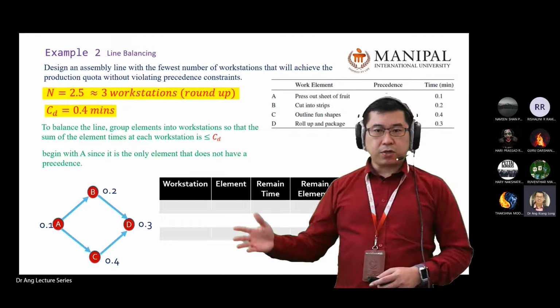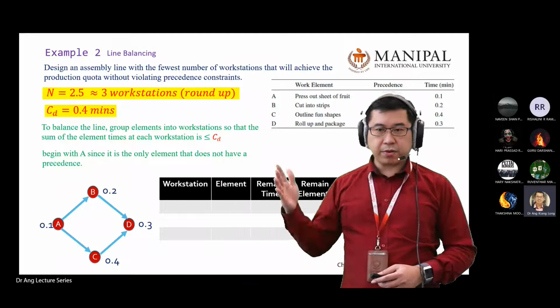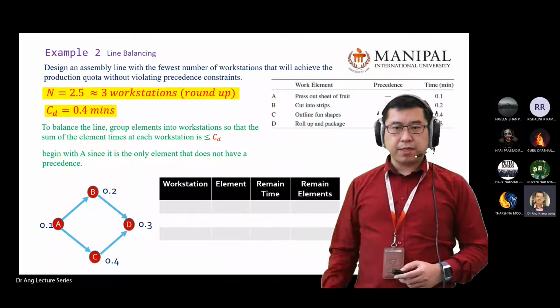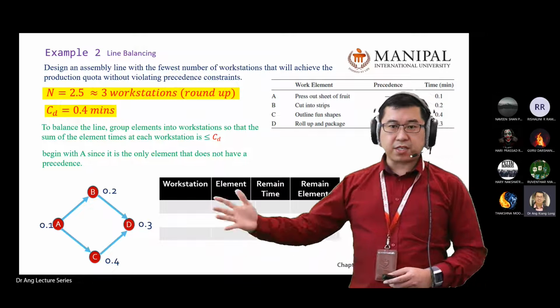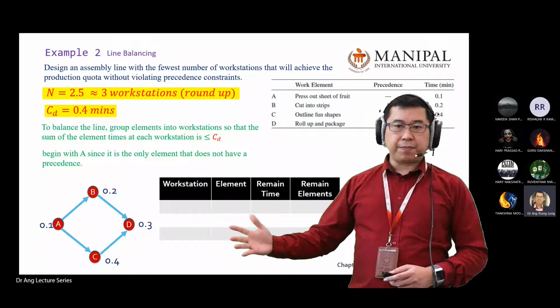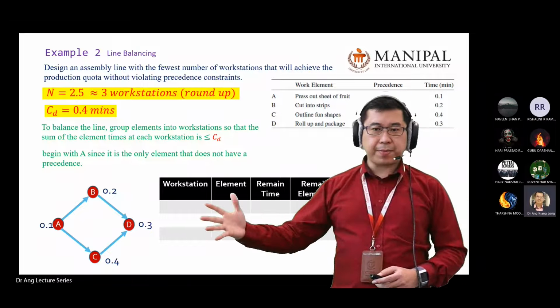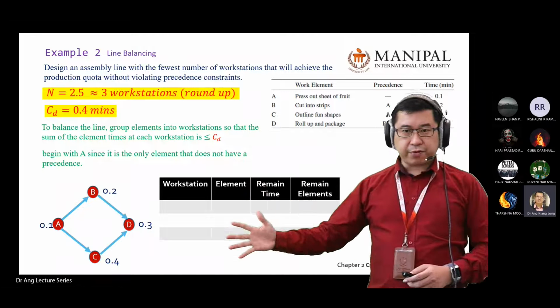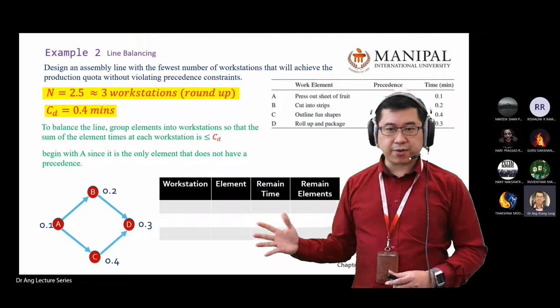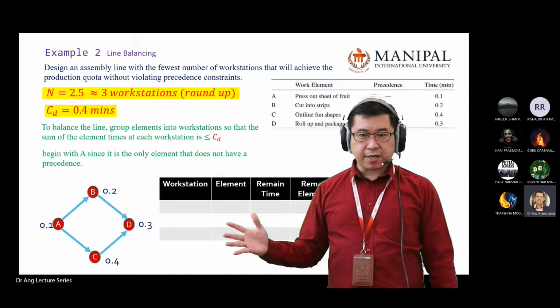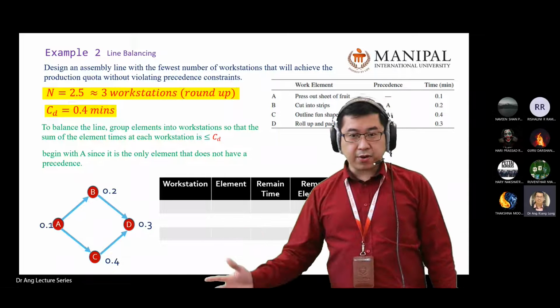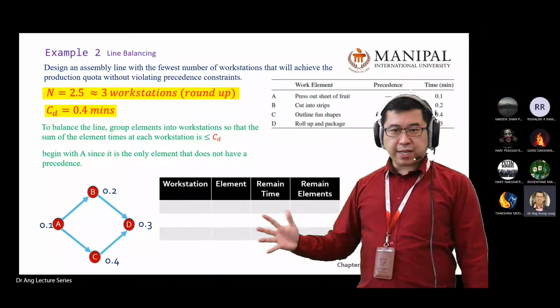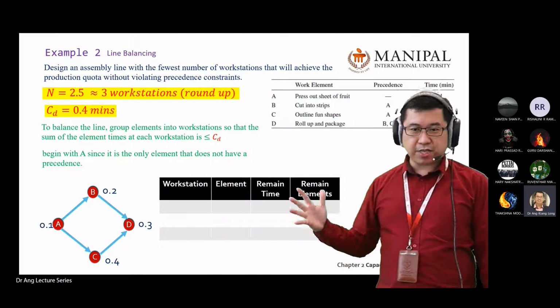You start with workstation, element, remaining time, remaining element. This is just a draft, and you can put this by the side of your answer. All right. So if you press the wrong number on the calculator and calculate wrong, I will try to find some marks in your working.